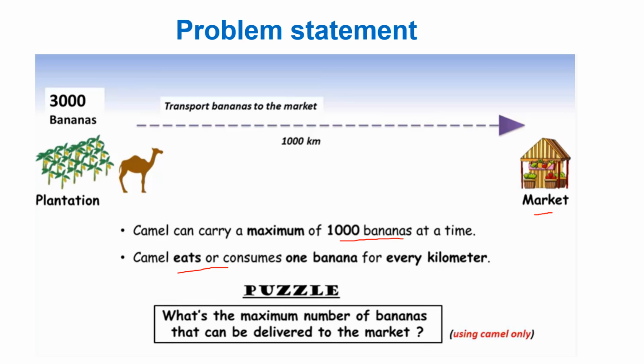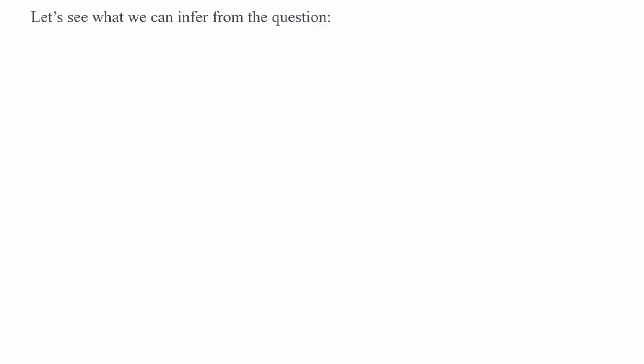Now, what is the maximum number of bananas that can be delivered to the market? Here we have 3000 bananas. It can carry only 1000 bananas, over 1000 kilometers. If we load 1000 bananas here, then it will travel 1000 kilometers and in the end we will get 0 bananas. Remaining we have 2000 bananas. This is the problem statement.